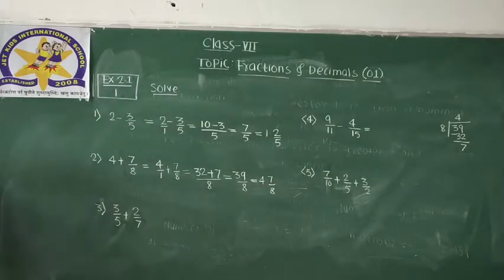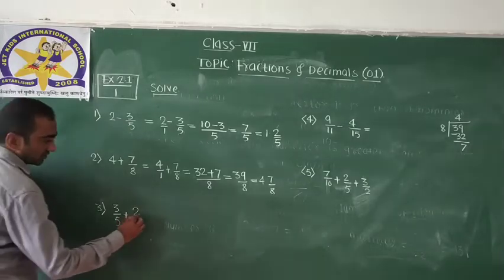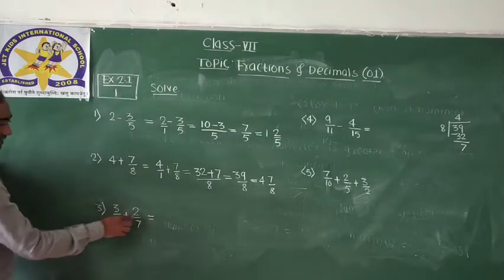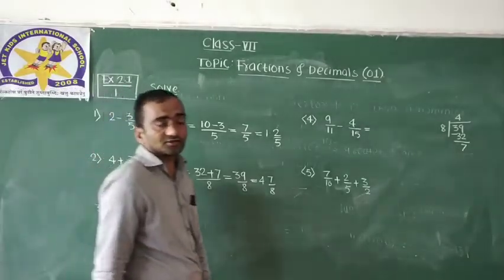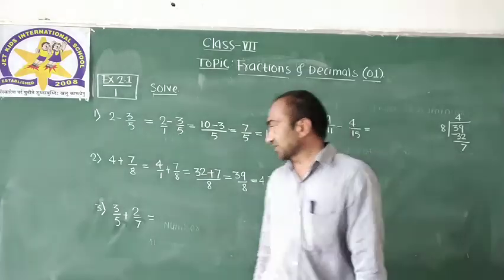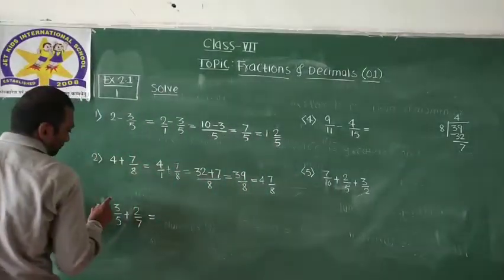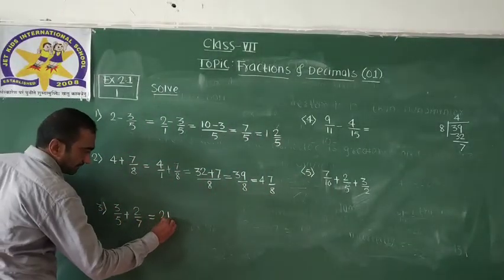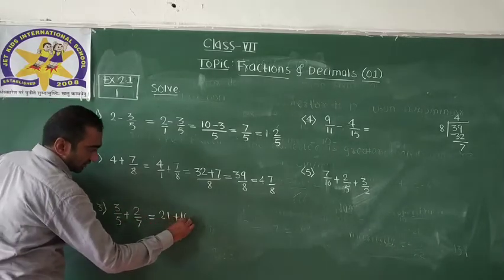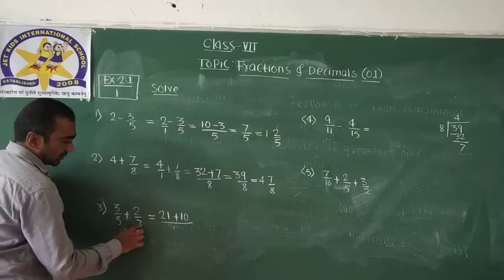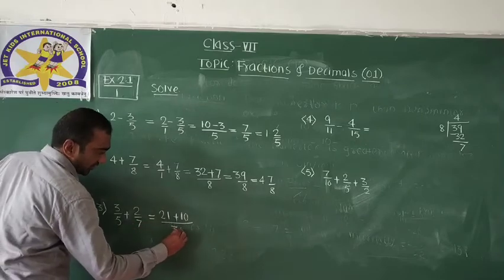After that, question number 3 is 3 by 5 plus 2 by 7. Directly we can make cross multiplication. 7 into 3, 21 plus 5 into 2, 10 divided by 5 into 7, 35.